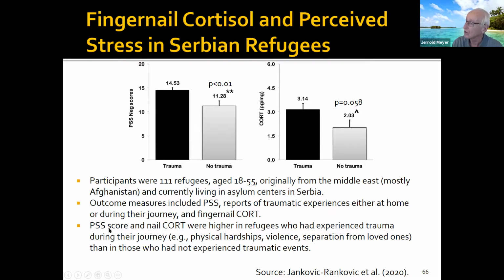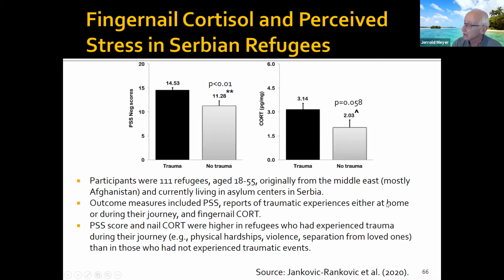The PSS score, which is shown here, and the nail score, which didn't quite make statistical significance, but was a strong trend in the same direction, were higher in the refugees who had experienced trauma during the journey. These included physical hardships, violence, and so forth.